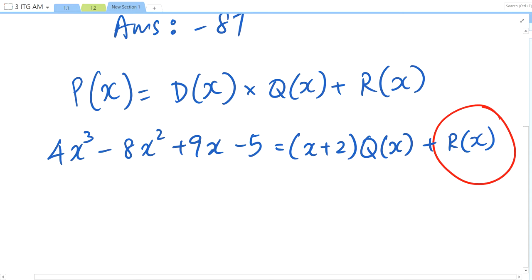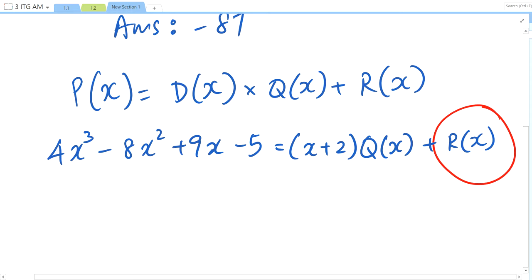Don't know. I want this to disappear. What happens when x equals negative 2? Think about it, what happens? 0 times Q. Do I know what Qx is? Do I care? I don't care. So this becomes 0. So I get the remainder when x equals negative 2. Can I substitute negative 2 here? Yes. Let's see whether we get the same answer, okay?